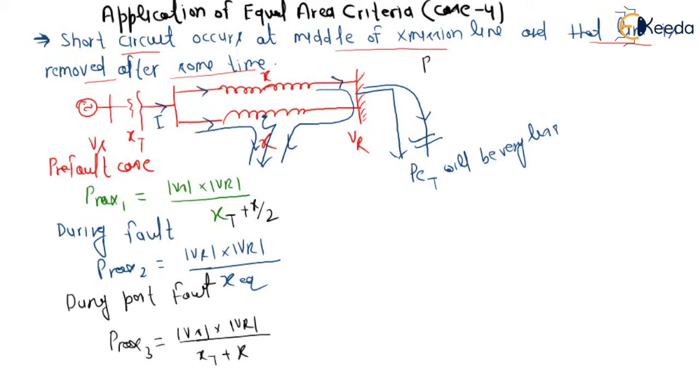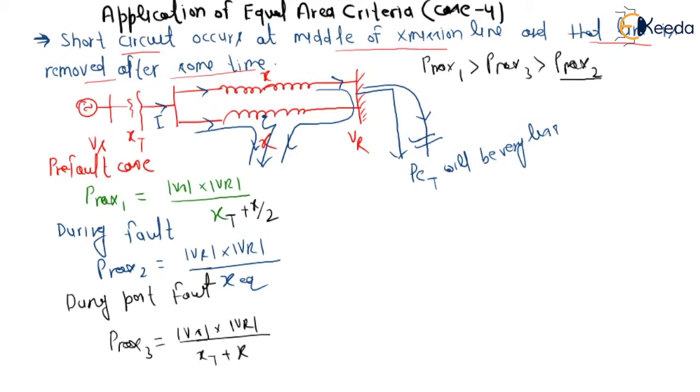We can see clearly the relation: P max 1 will be greater than P max 3, which will be greater than P max 2, because during the fault P max 2 will be minimum.